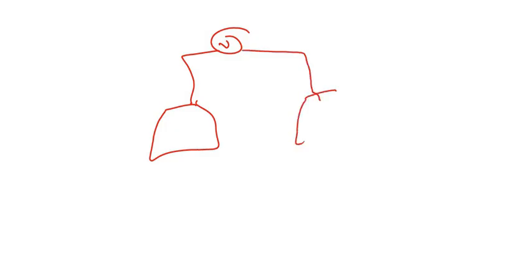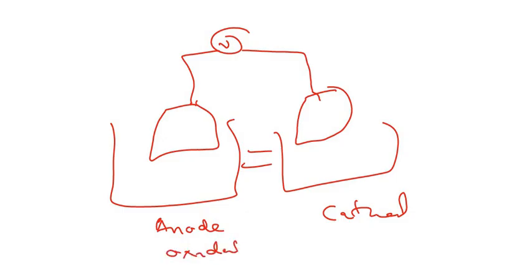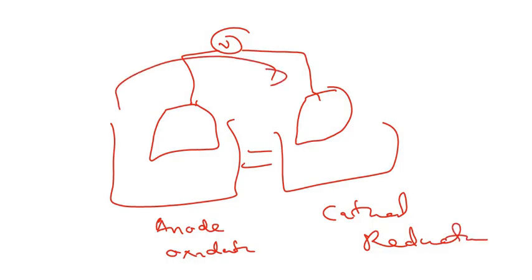Under galvanic, you have your voltmeter here, you have your anode and your cathode. This is your anode, this is your cathode. Where this is, that's where oxidation occurs. Then this is reduction. Reduction always occurs at the cathode, so it goes like this, right? Electrons move from the anode to the cathode.